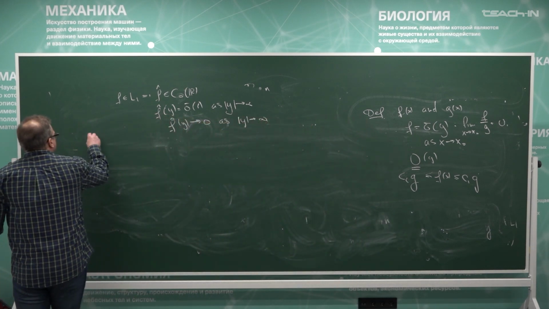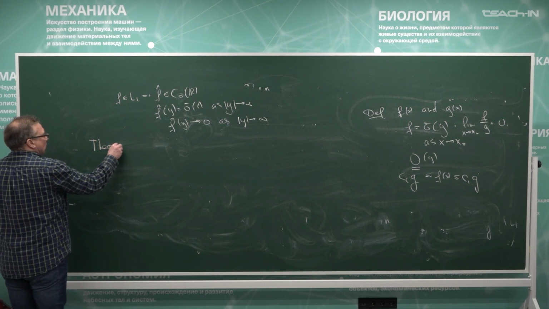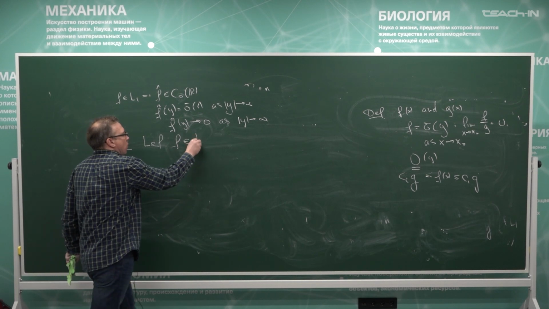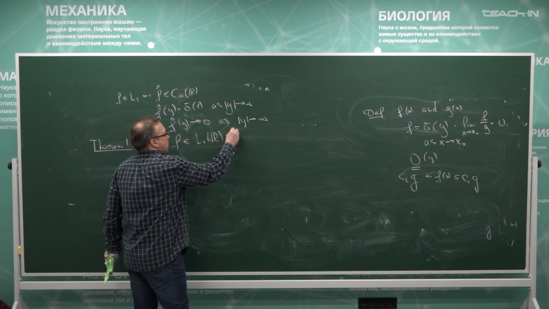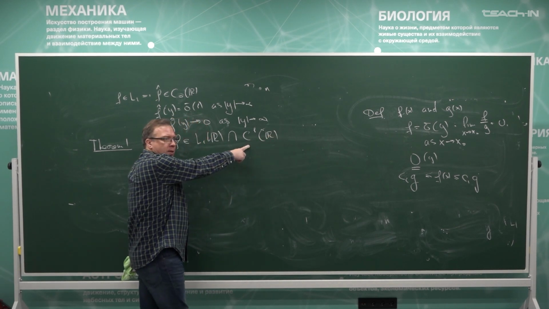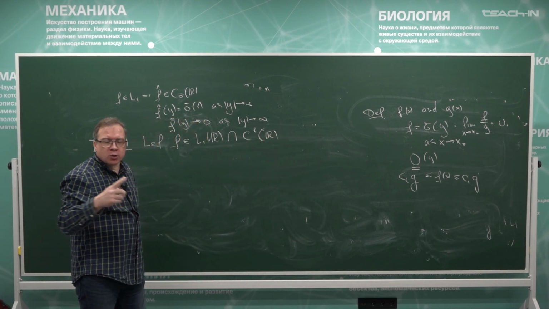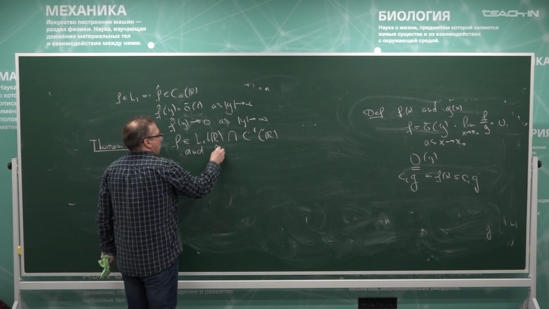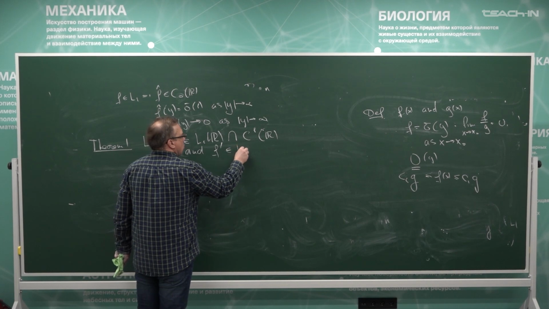So, theorem 1. Let f belong to L1 intersected with C1, so it has one continuous derivative, and this derivative belongs to L1 too.